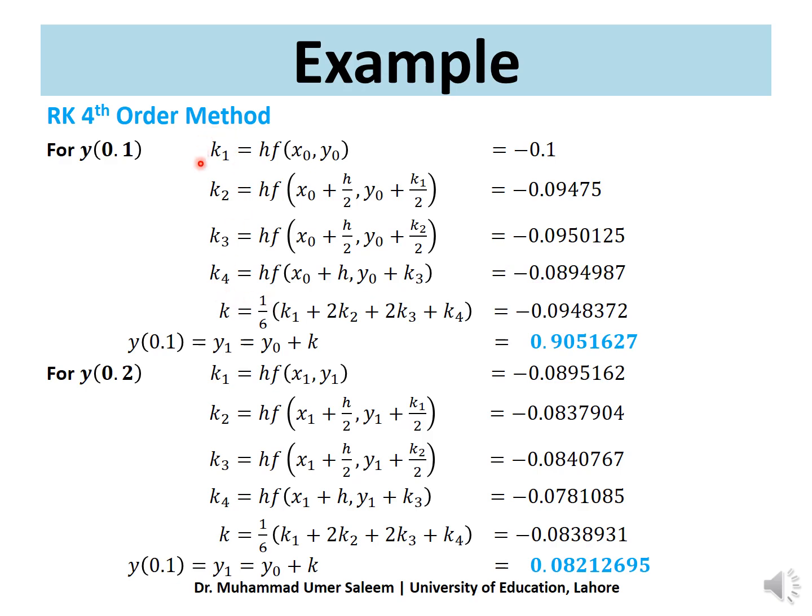By using all these four values, we get the value of K using this formula as -0.0948372. And then to find out the value of y1 you'll have to add that increment to the y node. So y node was 1, adding this value of K you will get 0.9051627. So this is the value of y at point 1, which is y1 and which is equal to 0.9051627.